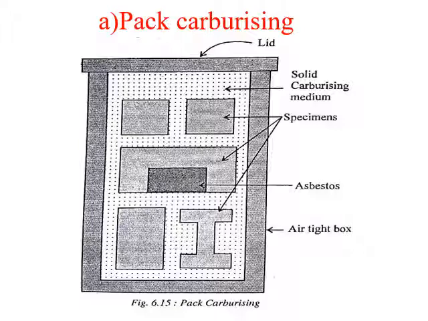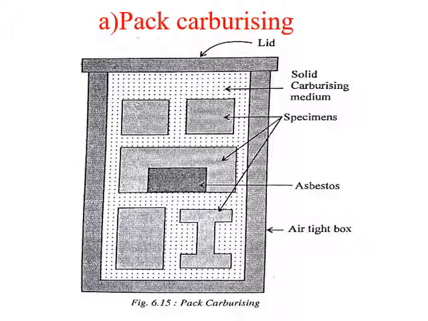Once we have an atmosphere which is rich in carbon material, the specimen we want to surface harden is transferred to that atmosphere, and there will be a concentration gradient between the carbon rich atmosphere and the specimen which you have kept.